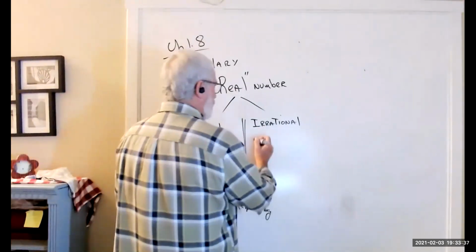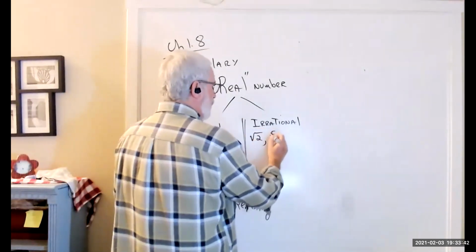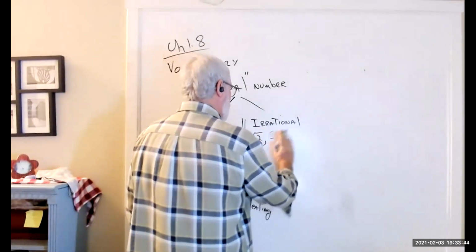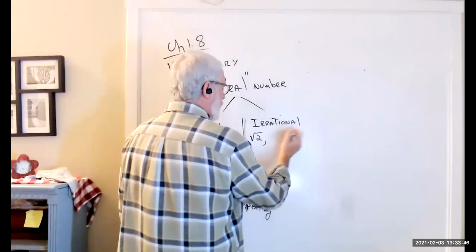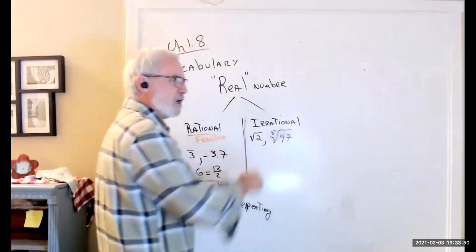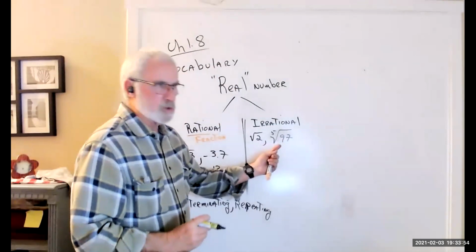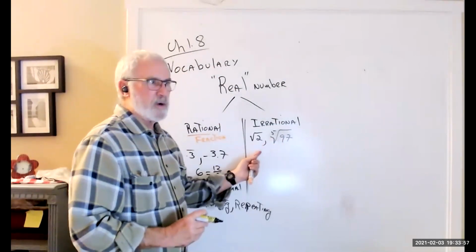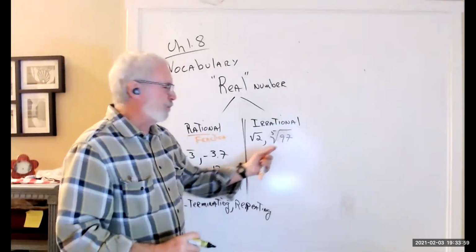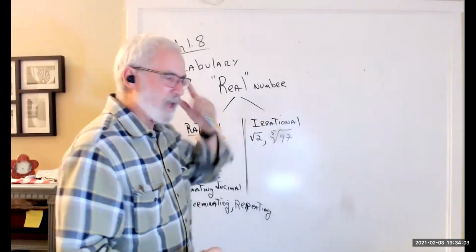Irrational numbers are like the square root of 2, the fifth root of 97, which we'll talk about later this semester. Weird roots, radicals. Square roots most everybody kind of knows, but we have weird roots, also bizarre ones.